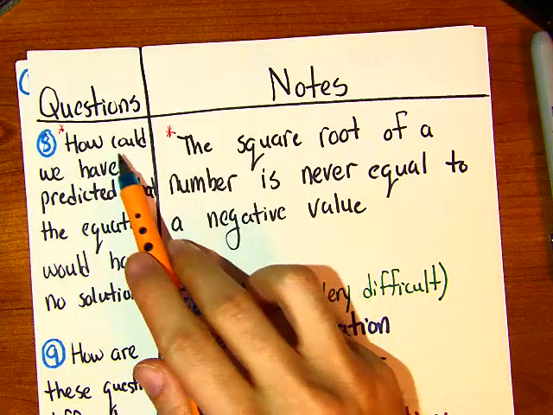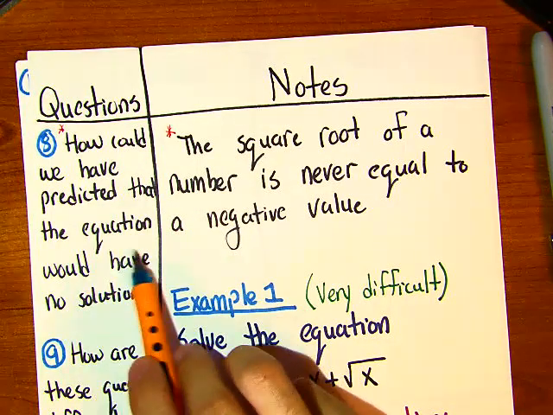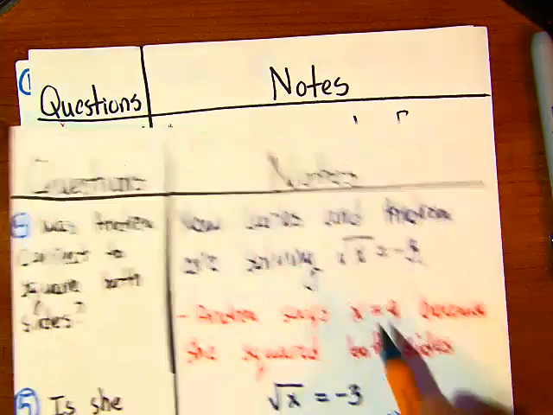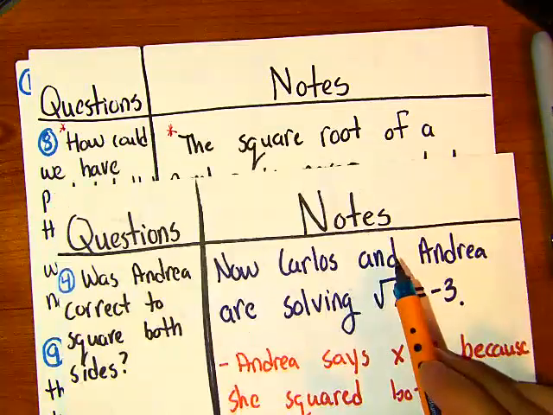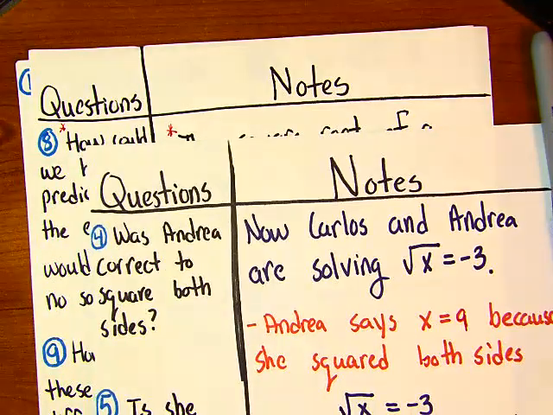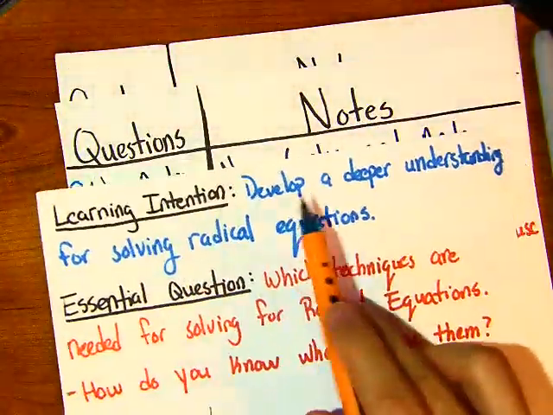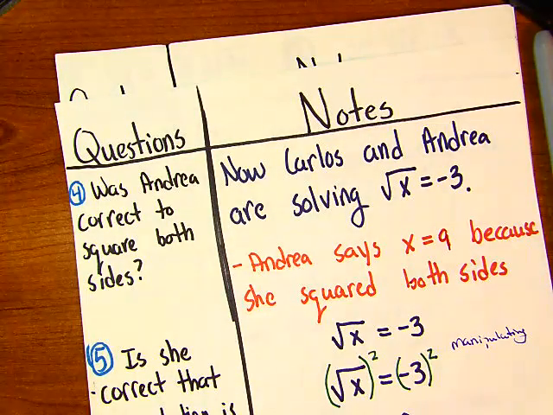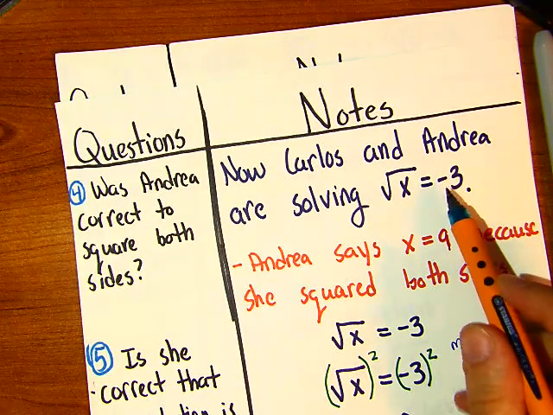Here it says, how could we have predicted that the equation would have no solution? Like the question here, we had square root of x is equal to minus 3. If we're trying to develop a deeper level understanding, right? This is the learning intention, to develop a deeper level understanding for solving radical equations. Here, square root of x is equal to minus 3.